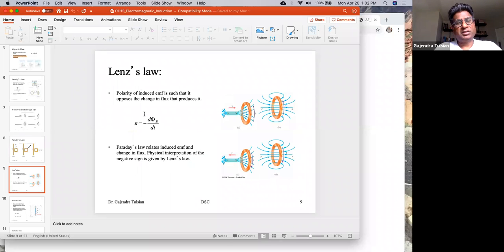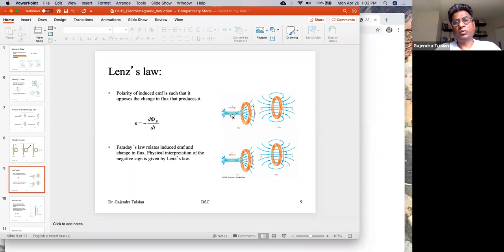Okay, what Lenz's law tells you is what the negative sign in this equation means. If you move this magnet toward the loop, it induces a current in this direction. When a current is flowing in this loop, it's essentially behaving like a magnet with its north pole in this direction and south pole in that direction.